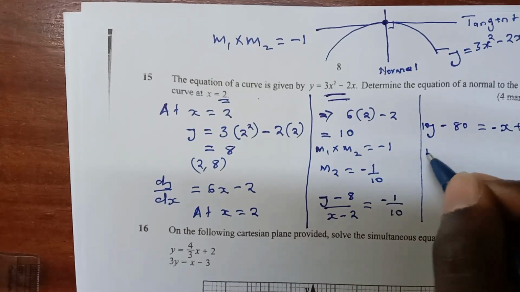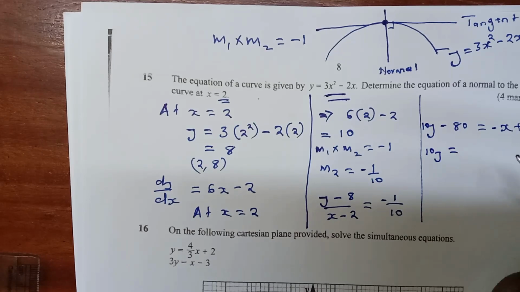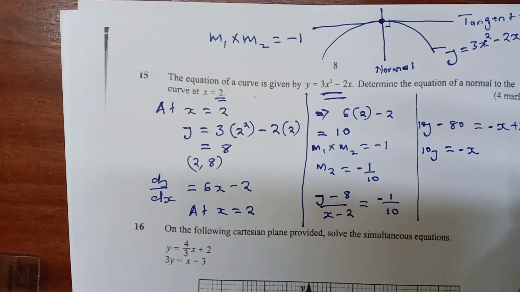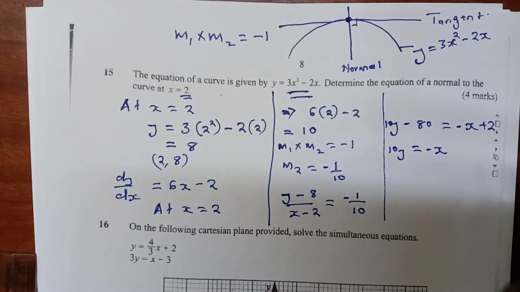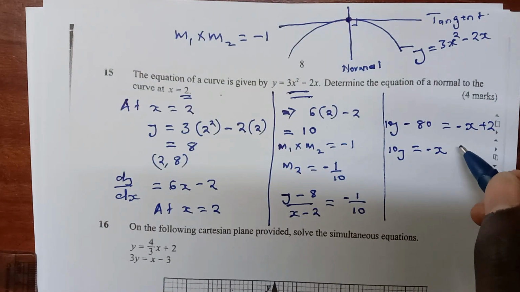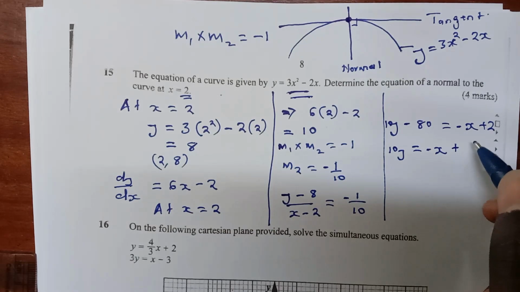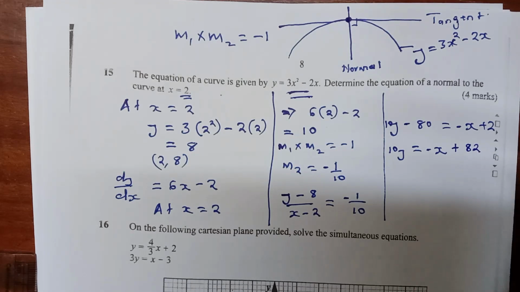So we have 10y equals negative x. Add 80 on both sides. If you add 80 on both sides, you have negative x, then plus 82 here. That is, 80 moving to this side becomes plus 80, giving 82.